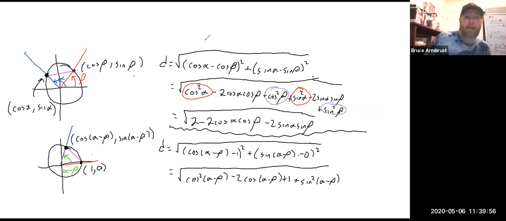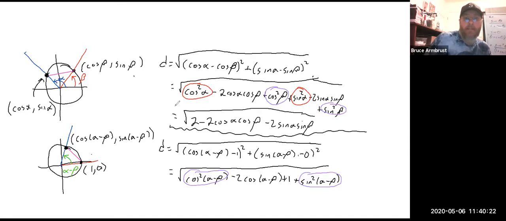All right, but we can do exactly the same thing we did last time. We can play the little trick of notice that there's a cosine squared of alpha minus beta and a sine squared of alpha minus beta. The fact that it's alpha minus beta doesn't matter. We know that no matter what the angle is, cosine squared plus sine squared is going to equal 1.